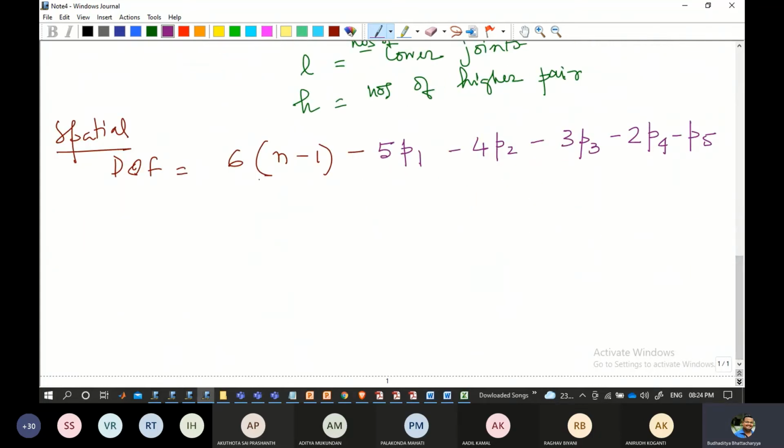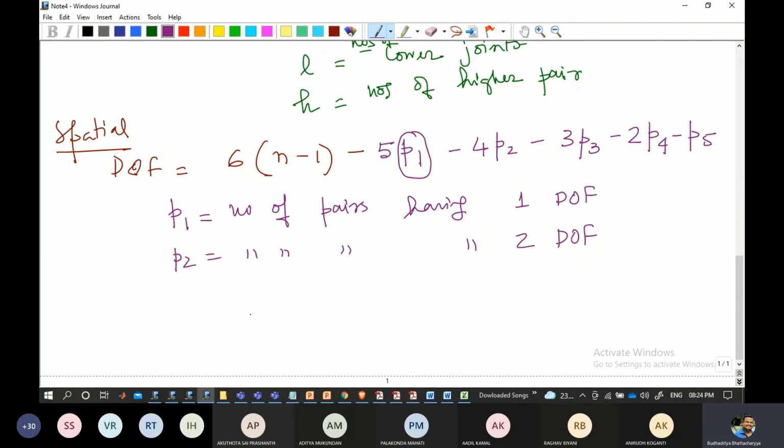First of all, 6(n-1) is the same thing that we have discussed. P1 determines the number of pairs having 1 degree of freedom. P2 similarly, in the same manner, is the number of pairs having 2 degrees of freedom.